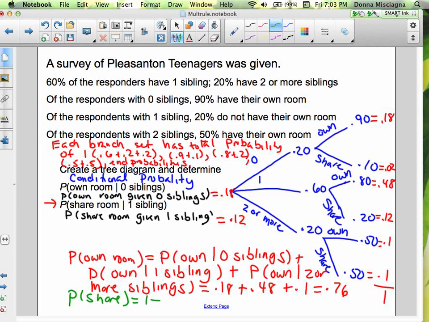And so if the probability of own room is 0.76, if we subtract that from 1, we get the probability for share a room. And notice that if you added the 3 options for share a room, the 0.02, the 0.12, and the 0.1, you would get 0.24. So that's just another way to see that one, to check yourself.